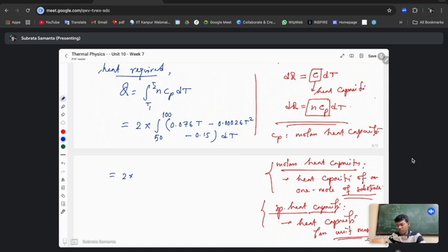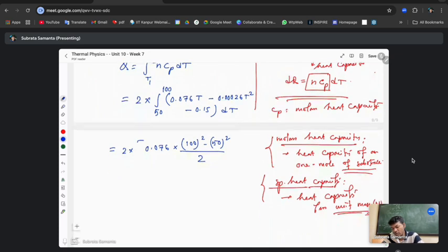After integrating, we get 2 times a very simple integral: 0.076 times (100 square minus 50 square) over 2, minus 0.00026 times (100 cube minus 50 cube) over 3, minus 0.15 times (100 minus 50).